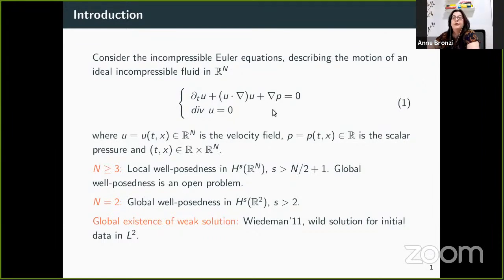But for the Euler equations, this was solved very recently, in 2011 by Wiedemann, in the context of wild solutions. So for initial data in L2, using these methods from wild solutions, he was able to prove the global existence of a solution, but they are very, very irregular.